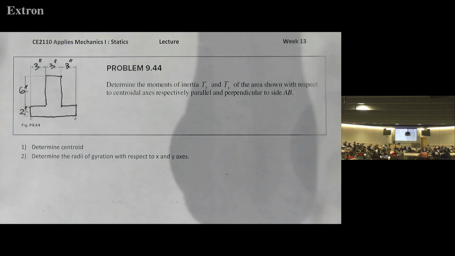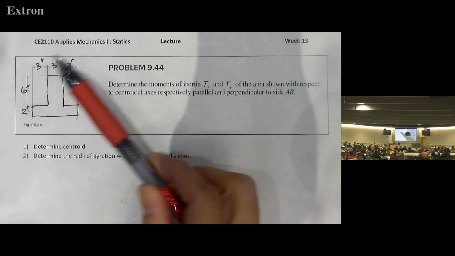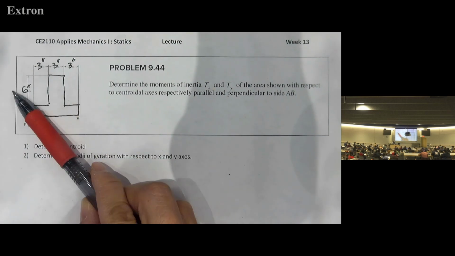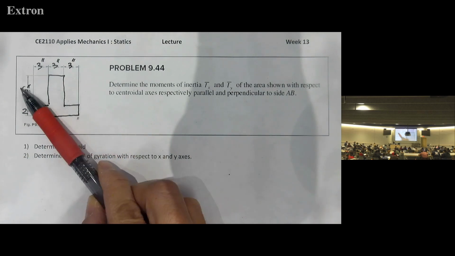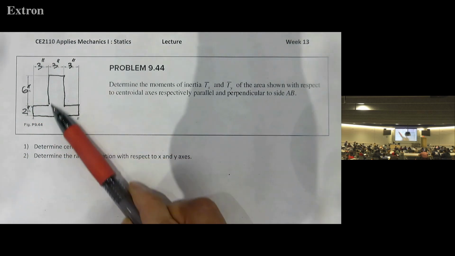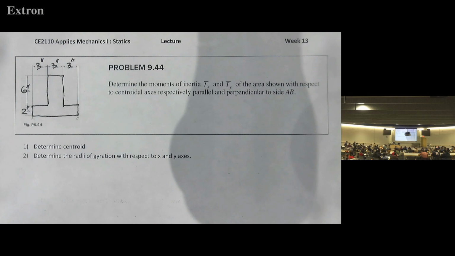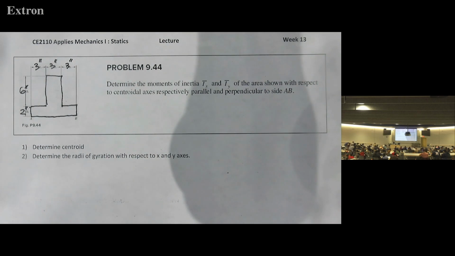So what is the centroidal axis? X going through the centroid, right? Y through the centroid, right? There is a centroid somewhere in between here. And then x centroid, the x-axis, centroid, the y-axis, and then the moment of inertia based on these axes, right? And are these centroidal axes given?